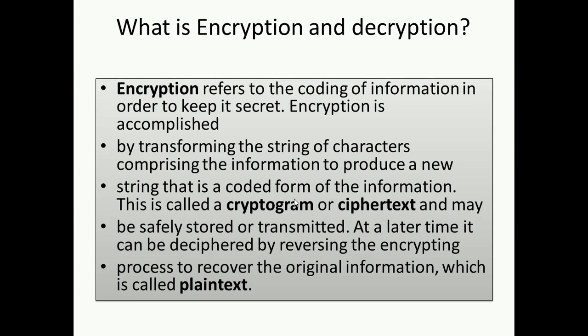Encryption is accomplished by transforming the string of characters comprising the information to produce a new string. That new code is called ciphertext and may be safely stored or transmitted over the network. At a later time, it can be deciphered by reversing the encryption. This process recovers the original information, which is called the plain text.